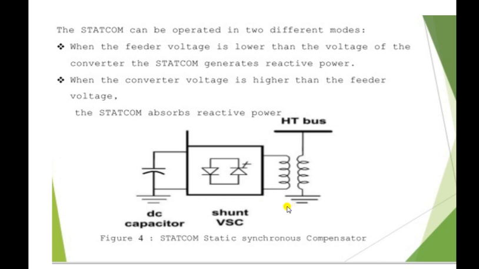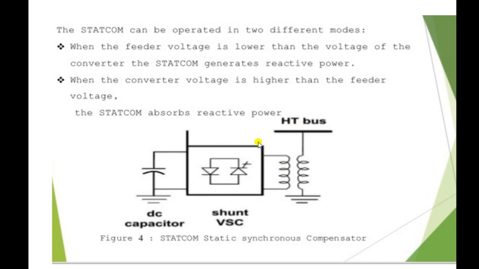Now this STATCOM can be operated in two different modes. Here we can see that this assembly we are going to call a STATCOM, a static synchronous compensator, and with the help of a transformer, we connect it to the bus in the power system where we actually want to have control over voltage magnitude.